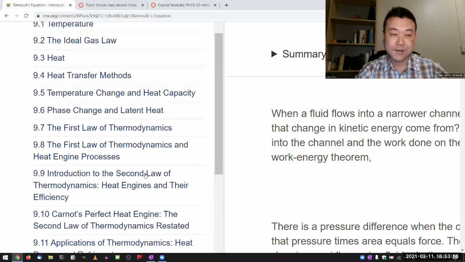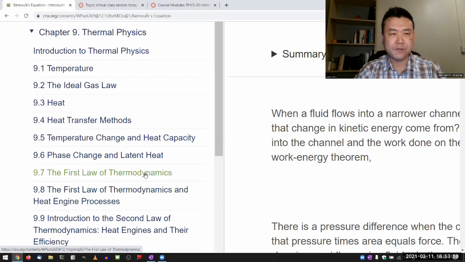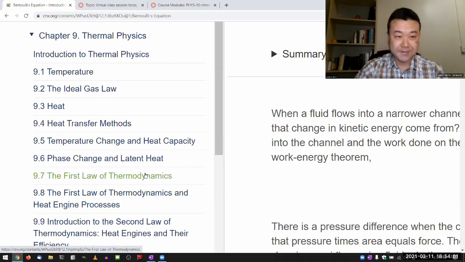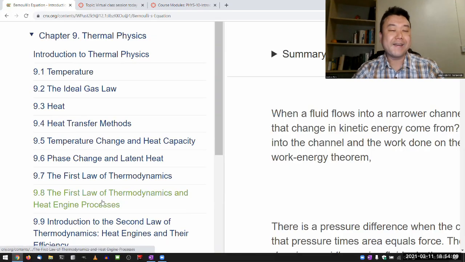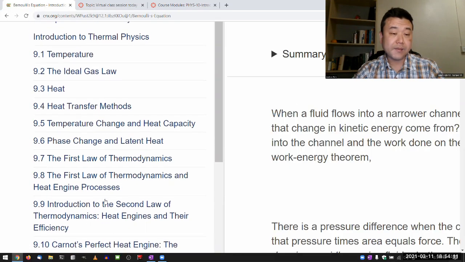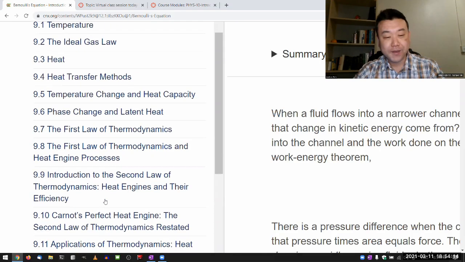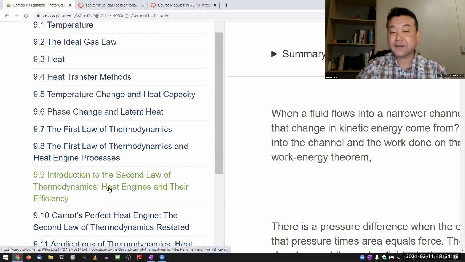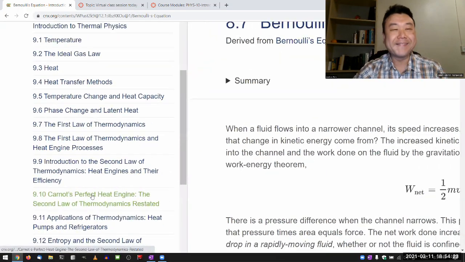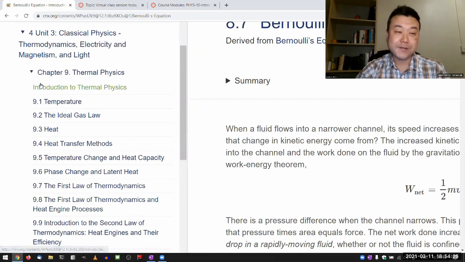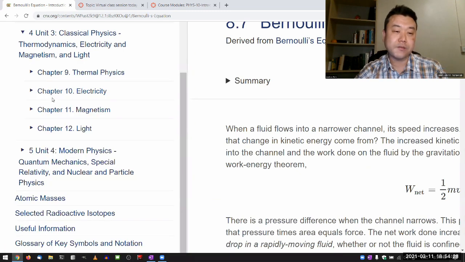So it introduces a form of energy that we haven't quite dealt with in mechanics, thermal energy, that can be described through the temperature of a system and all that stuff, and we talk about how you can generate mechanical work, that we've been talking about in mechanics, from the flow of heat. So that's one. And the remainder of classical physics, we are quite focused on the theory of electromagnetism.